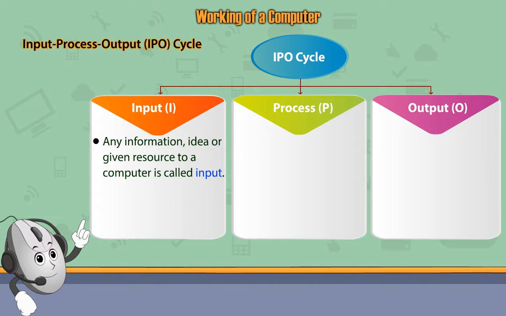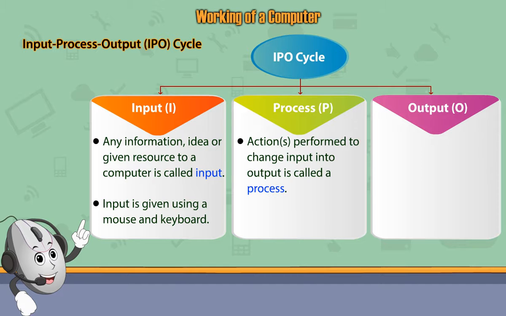Input I. Any information, idea or given resource to a computer is called input. Input is given using a mouse and keyboard. Process P. Actions performed to change input into output is called a process.